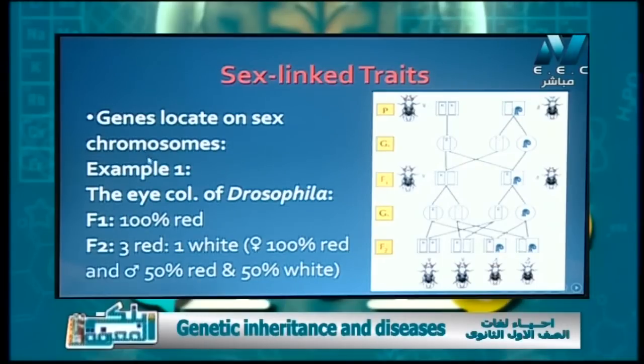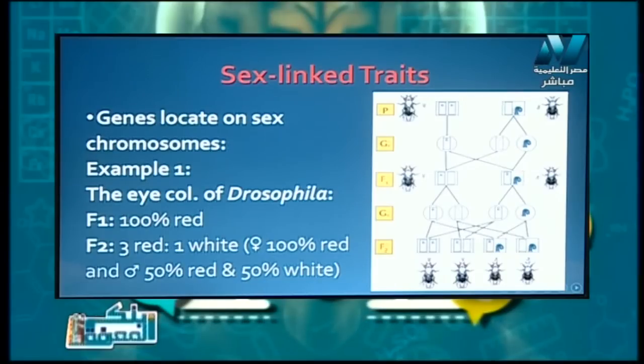A scientist called Morgan studied the inheritance of eye color in an insect called Drosophila, or fruit fly. The fruit fly contains genes that give the color of the eye. It could be red or white. Actually, the red is the dominant gene.